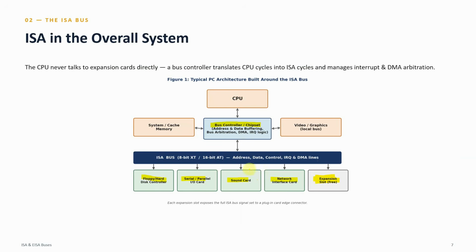All these slots are connected to a shared bus. I'm not going to have any separate buses over here. I'm having a shared bus, and using only this shared bus, all my external devices are going to communicate with my processor via the bus controller. So the bus controller is going to basically control it.